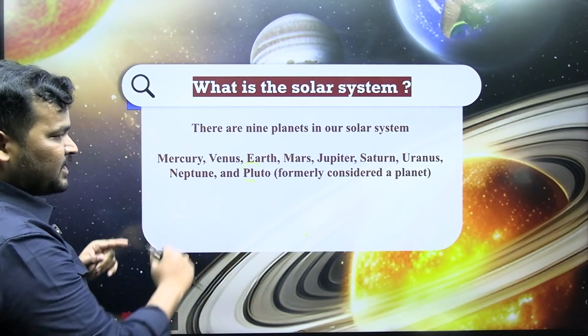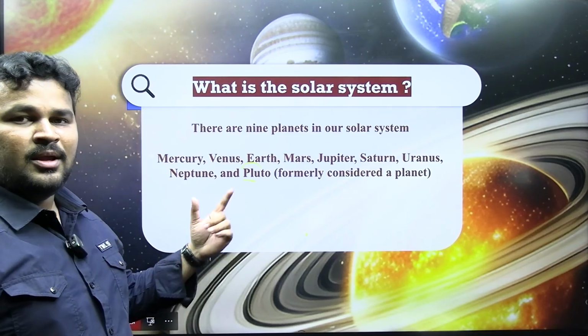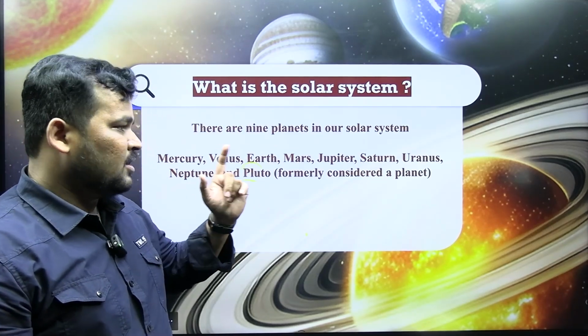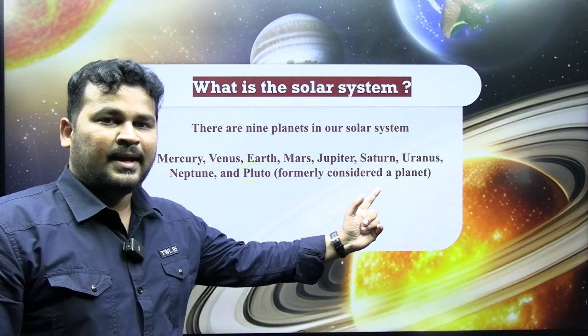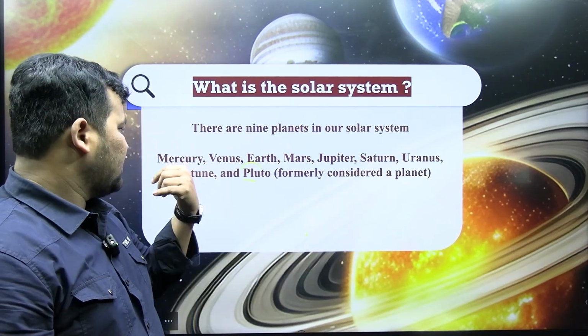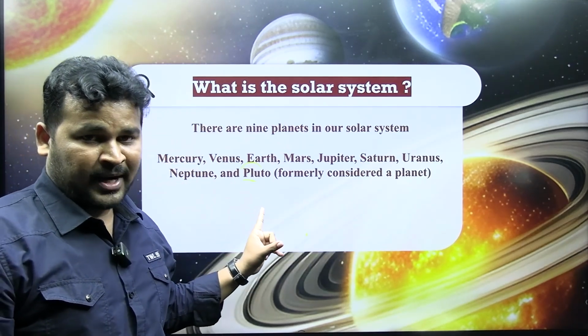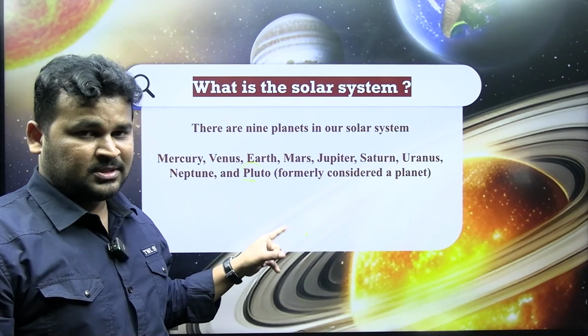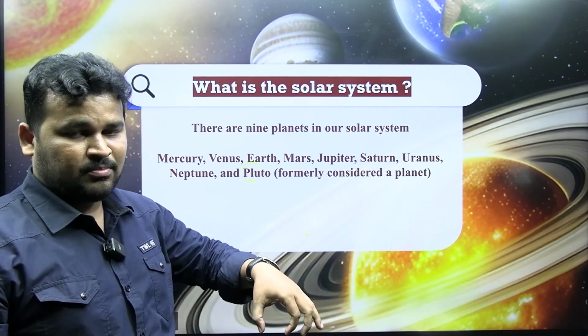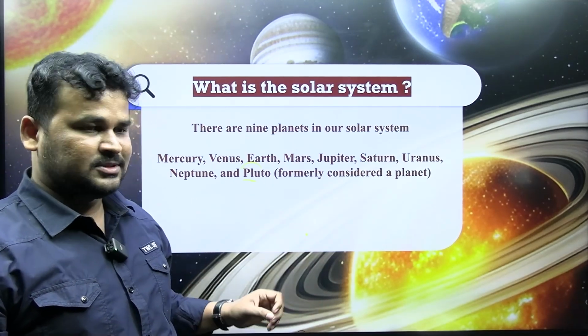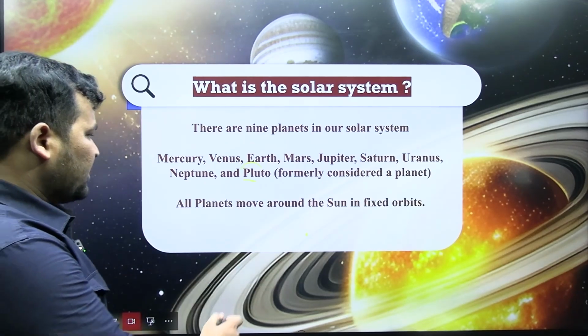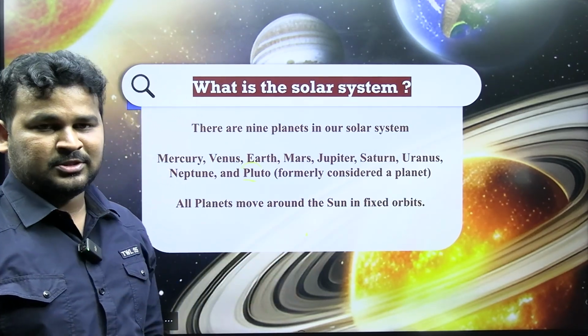We have now 8 planets: Mercury, Venus, Earth, Mars, Jupiter, Saturn, Uranus, Neptune. Pluto is not a planet, but it was a dwarf planet. So please remember it. All planets move around the sun in fixed orbits.